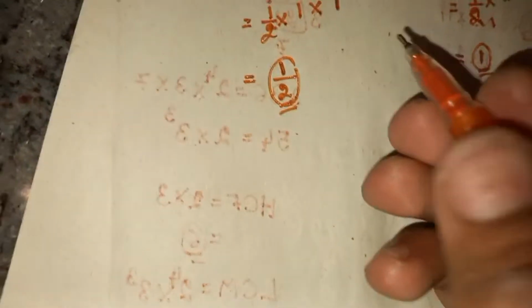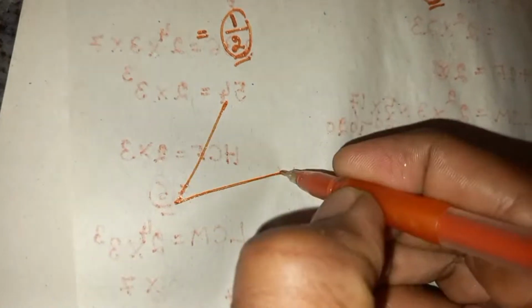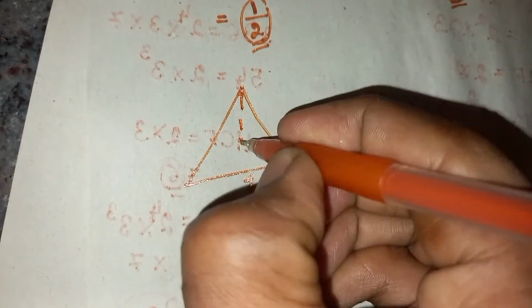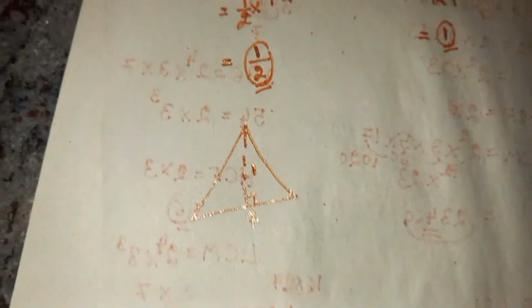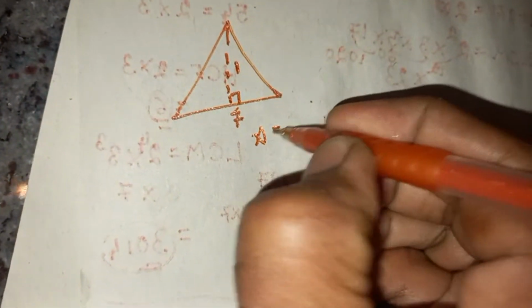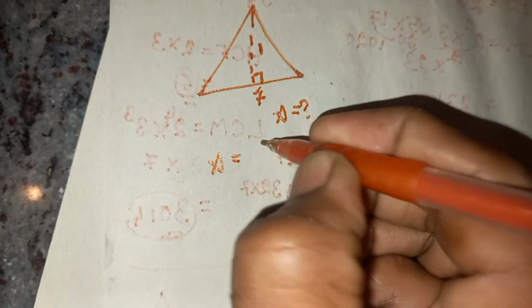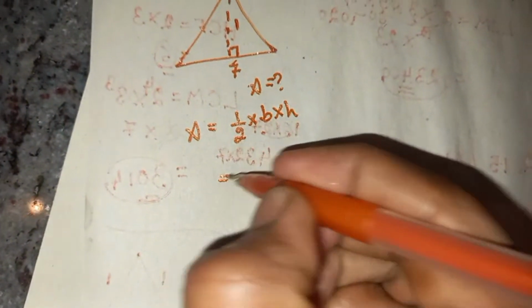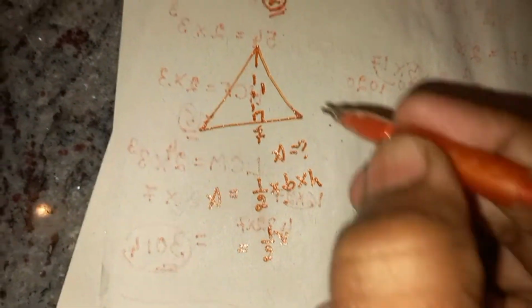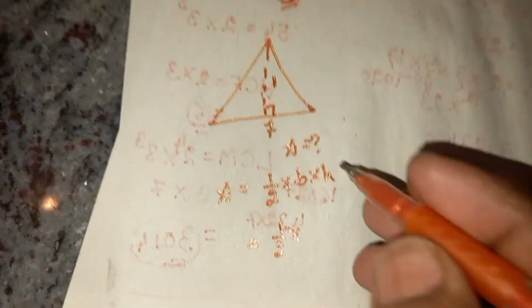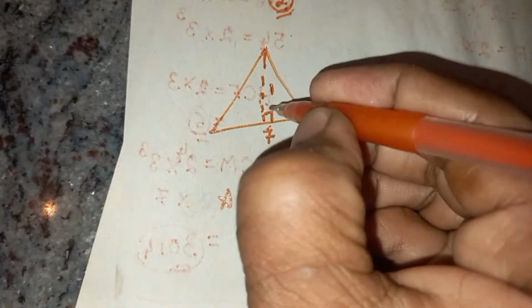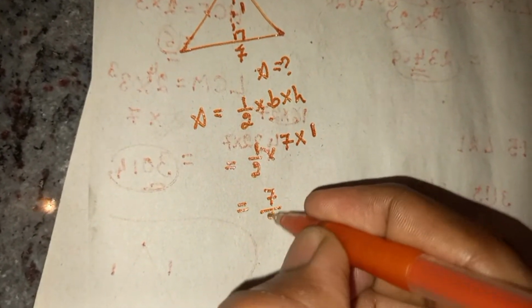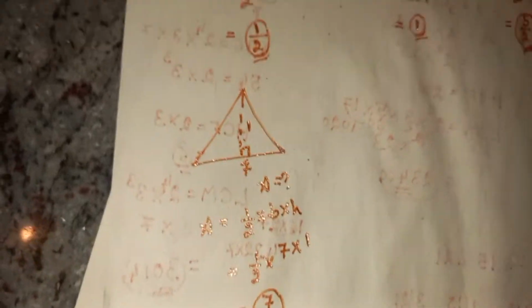Let's take one more triangle, with base length 7 units and perpendicular height 1 unit. The area is half times base, 7 units, times perpendicular height, 1 unit. You cannot divide 2 and 7, so 7 remains above and 2 comes below: 7 by 2 square units.